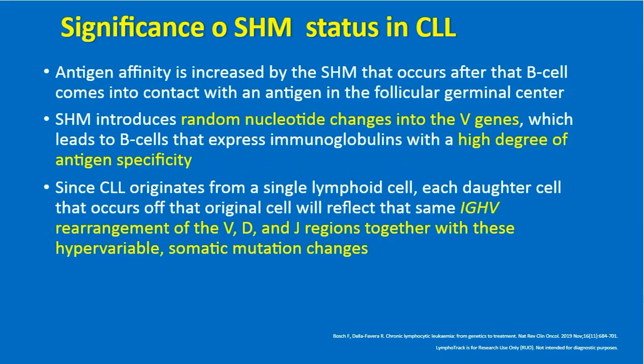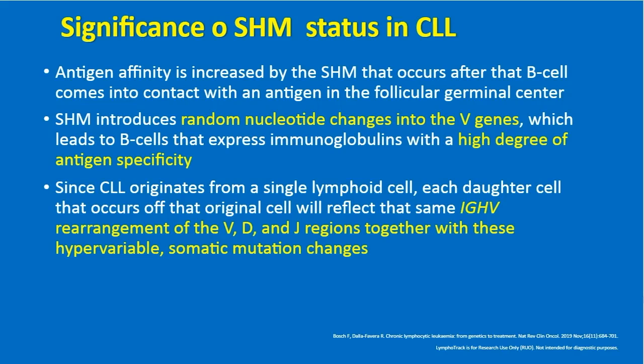As we all know, antigen affinity is increased by somatic hypermutation that occurs after a B cell comes into contact with antigen in a post-follicular germinal center process. This hypermutation introduces random nucleotide changes into the variable region, which leads to B cells that express immunoglobulin with a high degree of antigen specificity.